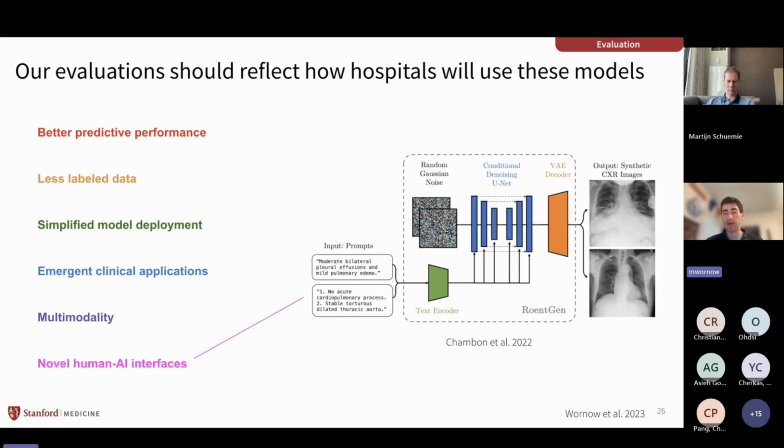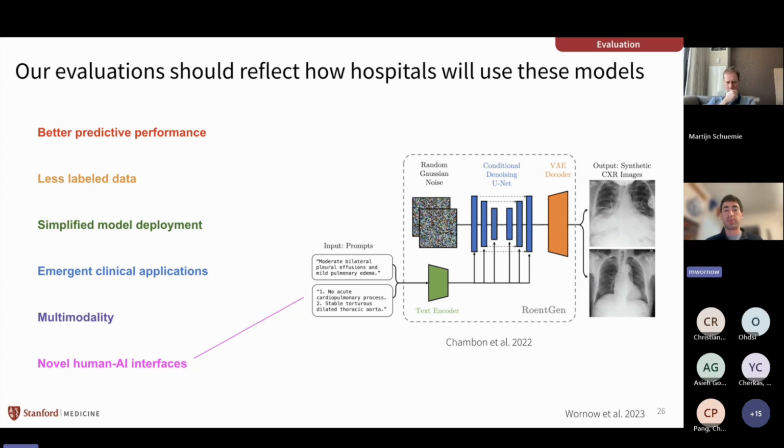And then the last major benefit we're seeing in the literature was what we call novel human AI interfaces. By that I just mean different ways to interact with models. The classic way to interact with a machine learning model in Epic, to use their sepsis model as an example, is that the sepsis model runs in the background.